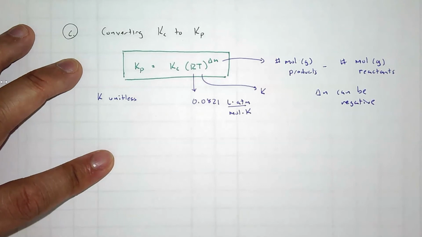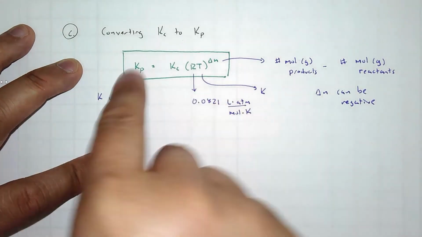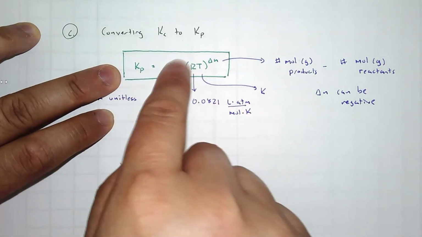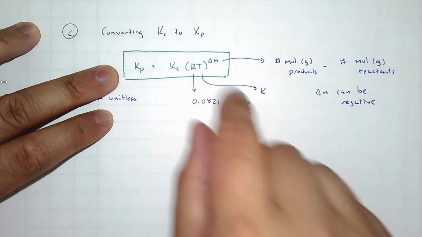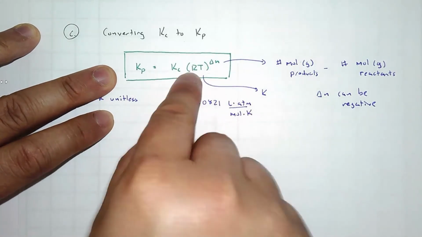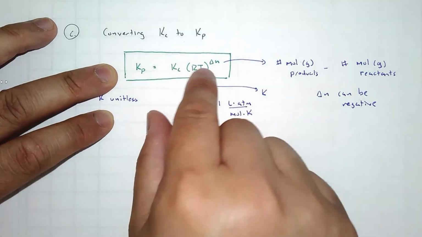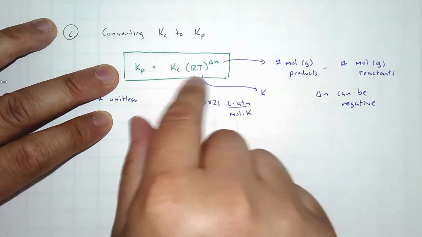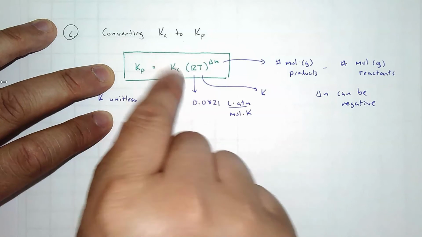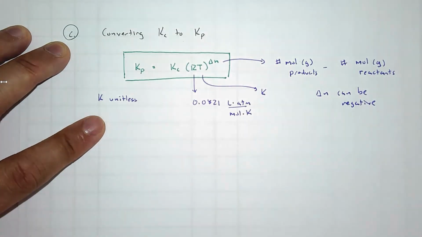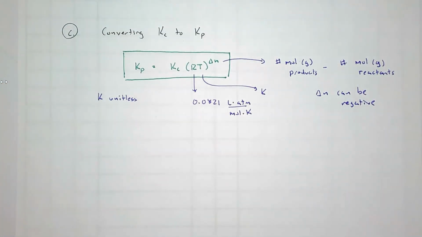Now, like I said, if you're given Kp and you want to calculate Kc, I know that some students want to go ahead and rearrange the variables. I would rather just plug in the numbers first, combine terms, and then solve for Kc. Is there anything else I need to say?